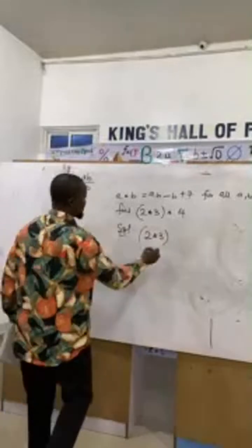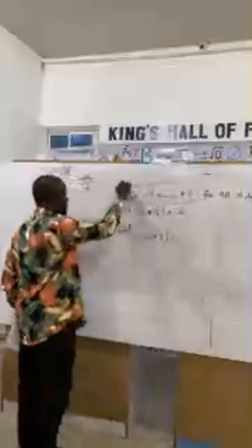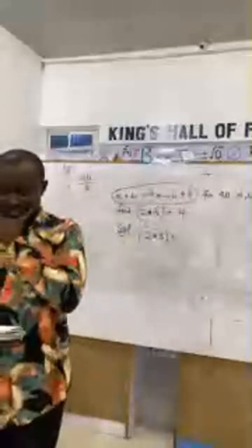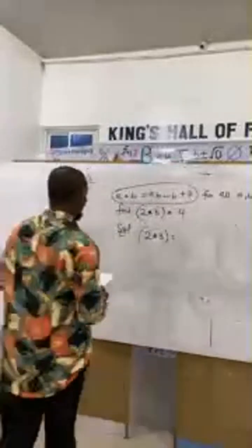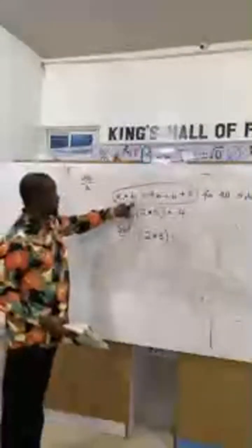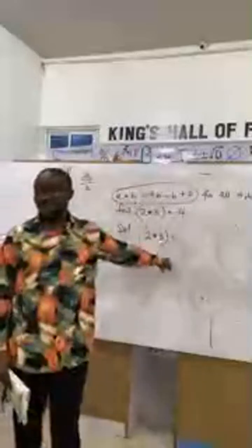First, don't forget this formula. We are using this formula to solve this. Look at the formula. In this case, using this version, A dot B, this place is A and this place is B. Are you following me?